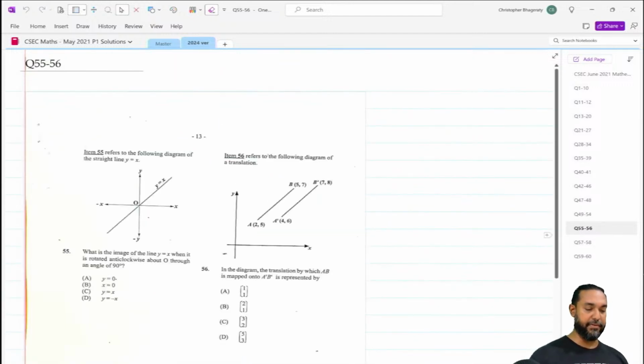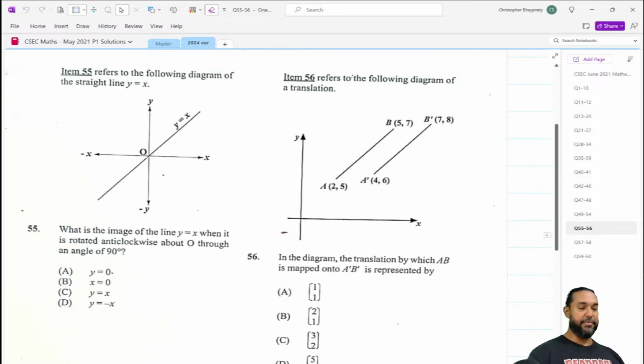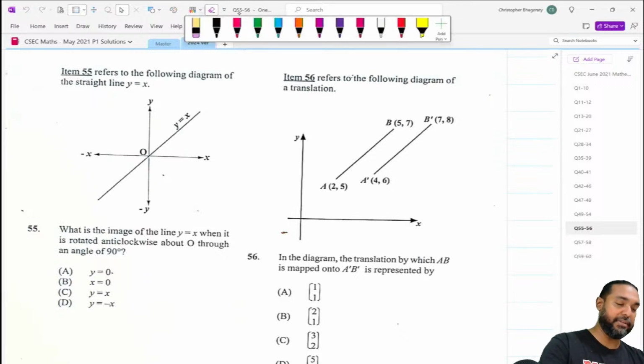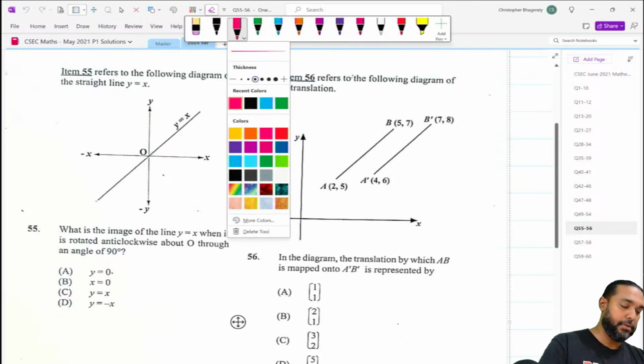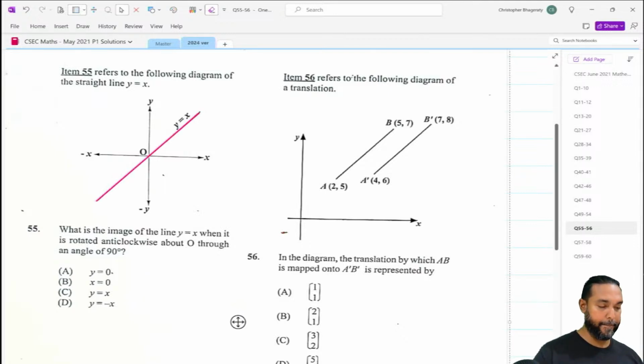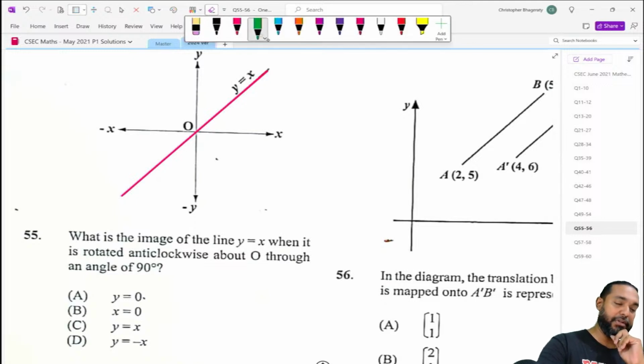Right, 55 and 56. So we're in the tail end here, ladies and gents. Item 55 refers to the following diagram of the straight line y equal to x. What is the image of that line if it is rotated anti-clockwise about O through an angle of 90 degrees? This is one you just have to know.